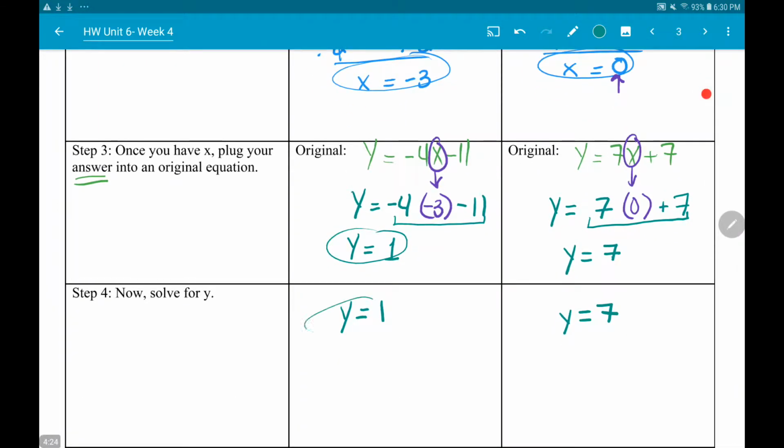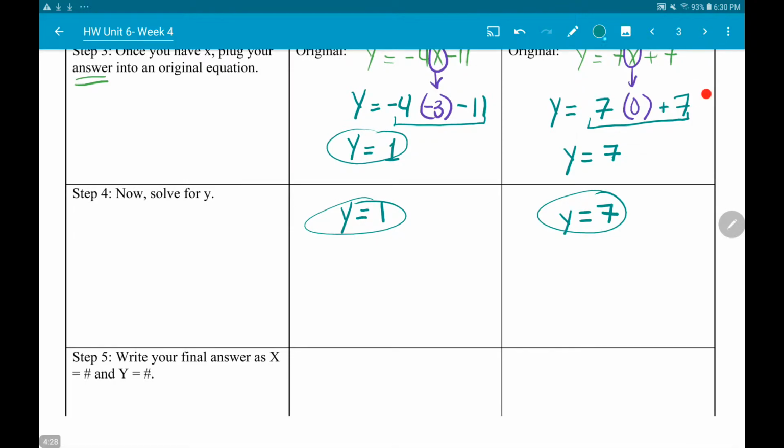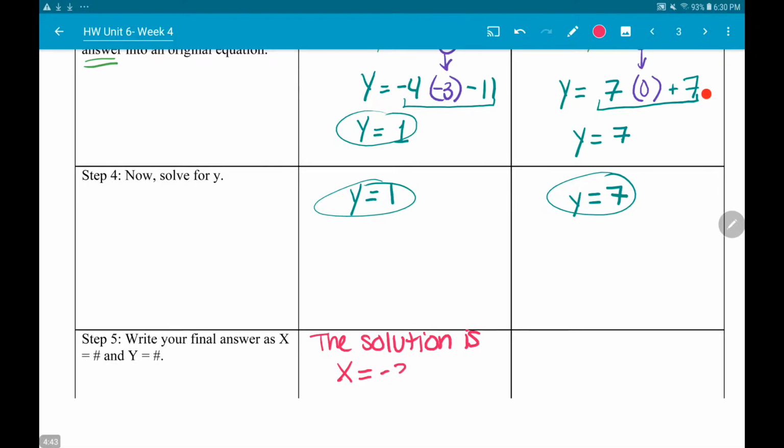All right, so now I've solved for both variables, and that was my goal. So how do we write our final answers? Our final answers look like this. So the solution is x equals negative 3, and y equals 1.